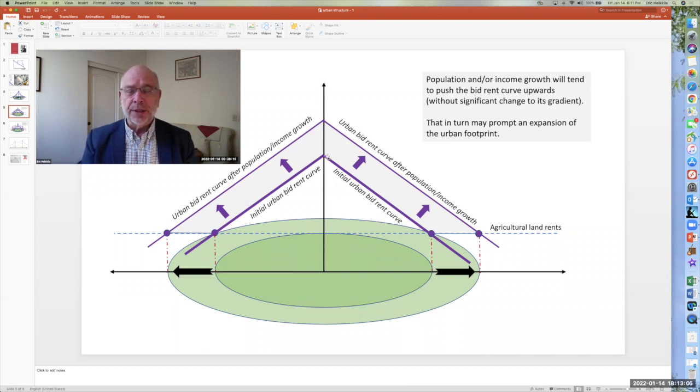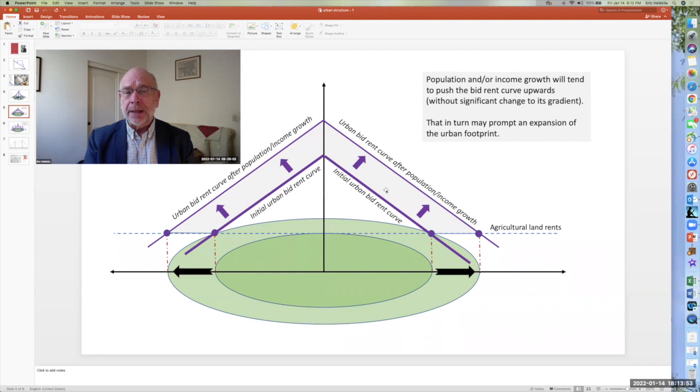And so the result, as shown here, is a movement out and up of that bid rent curve, because if previously you had 100 people bidding for land along a given segment, and a certain bid rent curve emerged, and now you've got 150 people, or 150,000 people, or 15 million people instead of 10 million people bidding for the same land, then they're going to have to bid more because there's more demand, and that's driving up price.